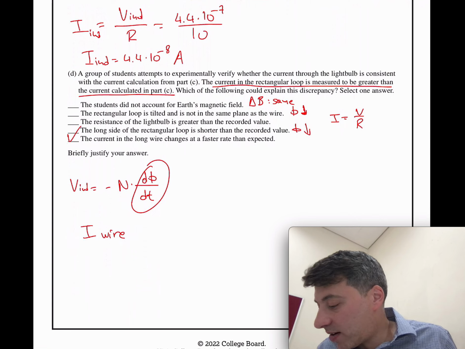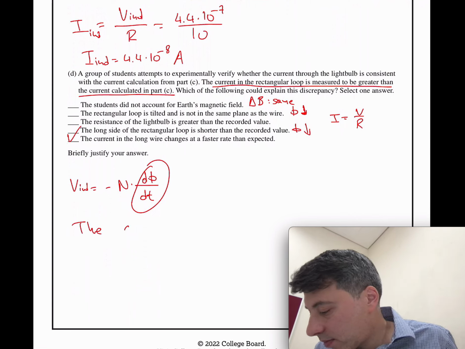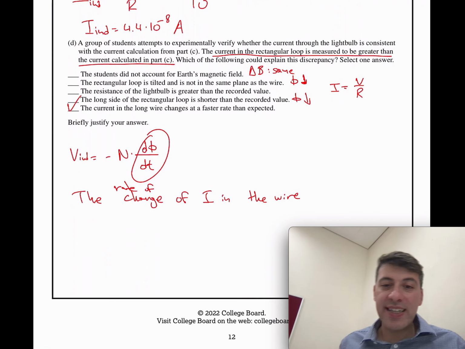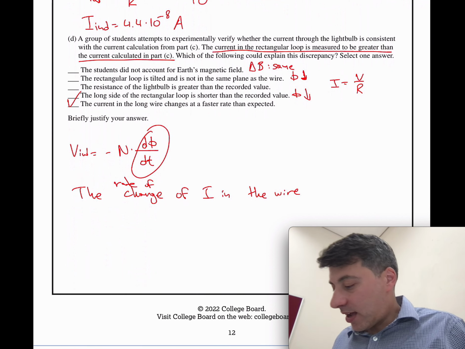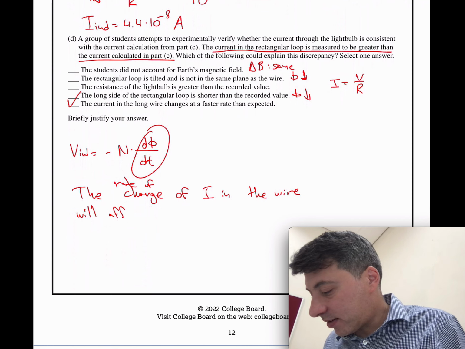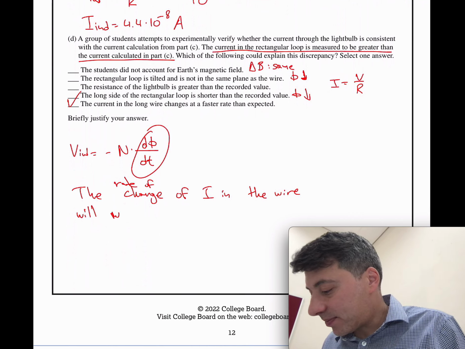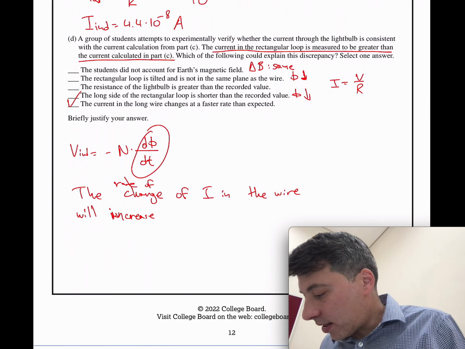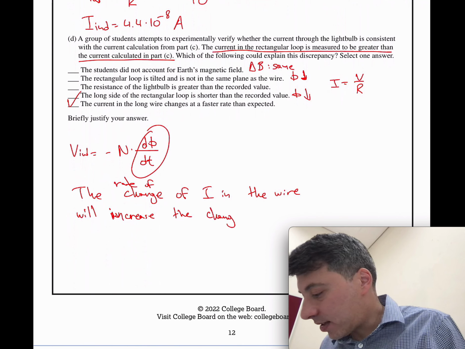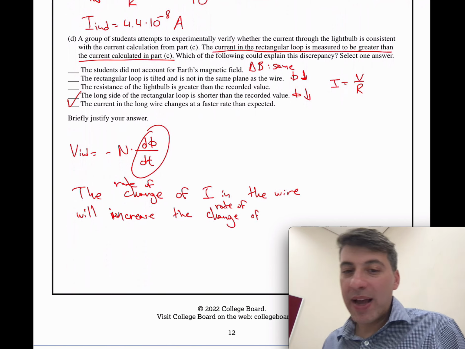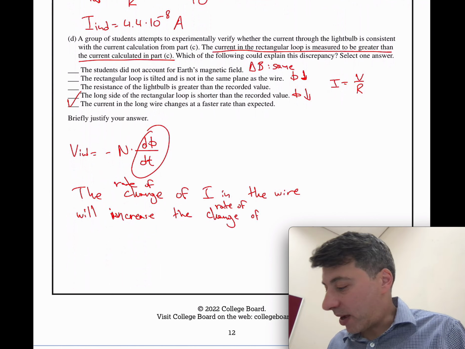So we select this option, and we try to explain that the rate of change of current in the wire is actually responsible for the induced current. It will increase the rate of change of the magnetic field, and more specifically of the magnetic flux.